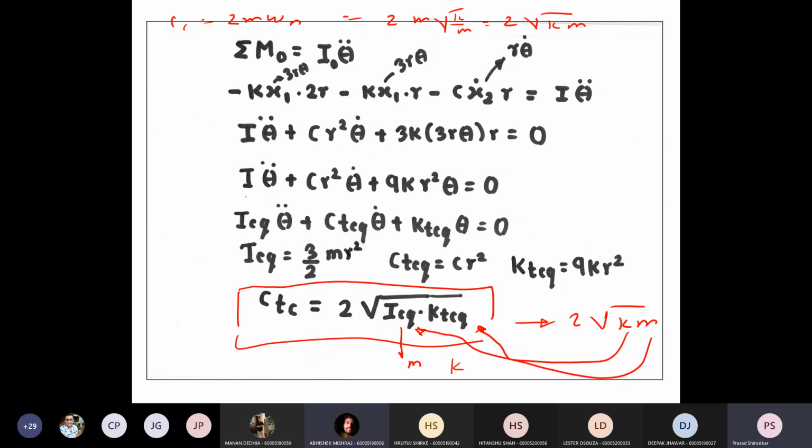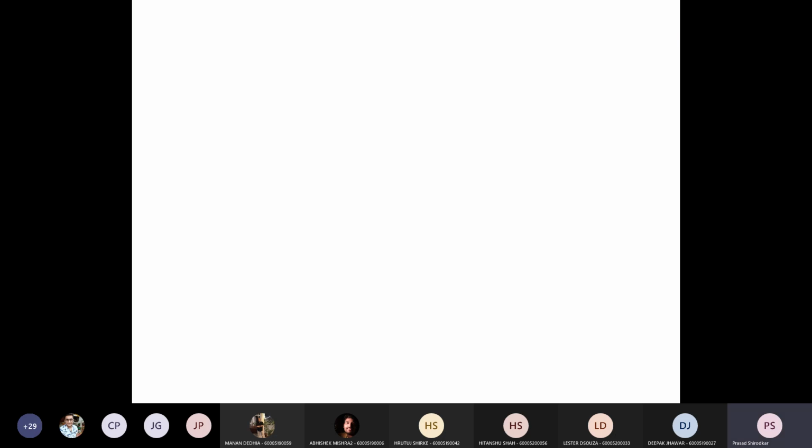So C torsional critical will be 6r square under root 3 by 2 km.